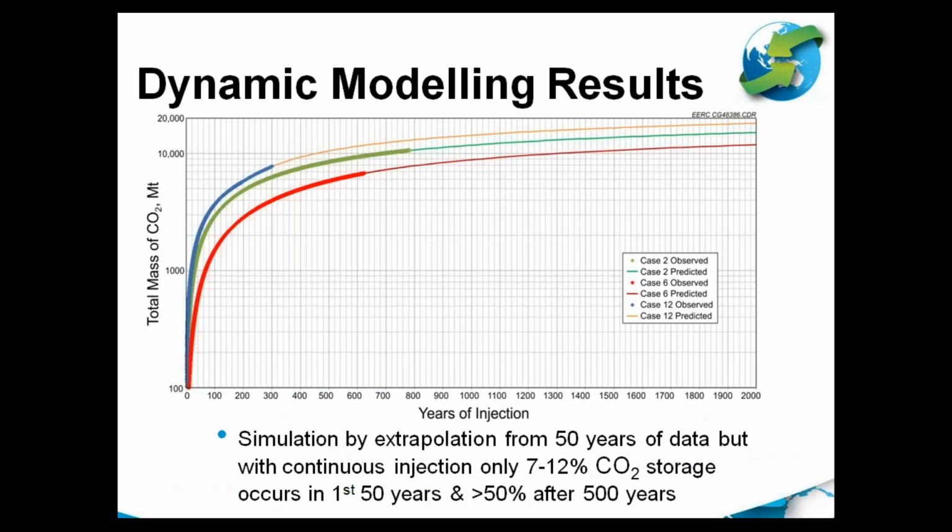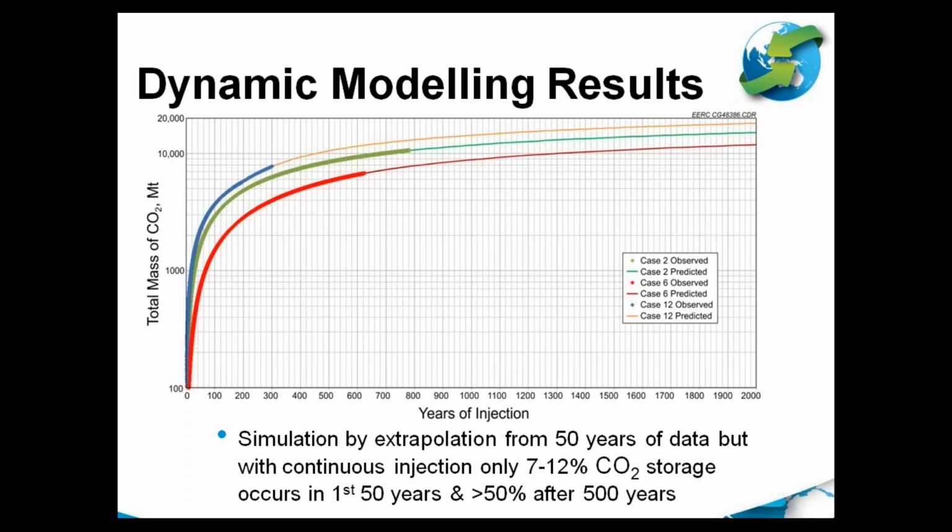And in this graph, you can see it is quite deliberately extended over 2,000 years, which is just to give a theoretical maximum and to see the effects of time. But in actual fact, the simulation has been extrapolated from the first 50 years of data. And that shows with continuous injection, only 7 to 12% of the storage occurs in those first 50 years.